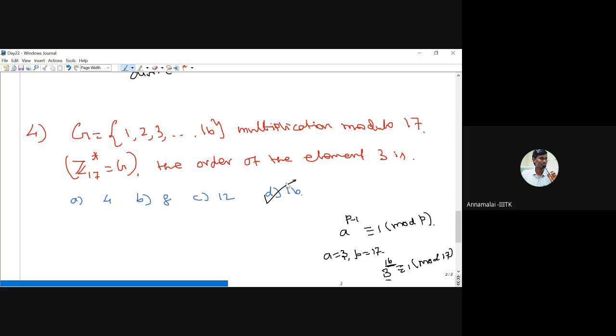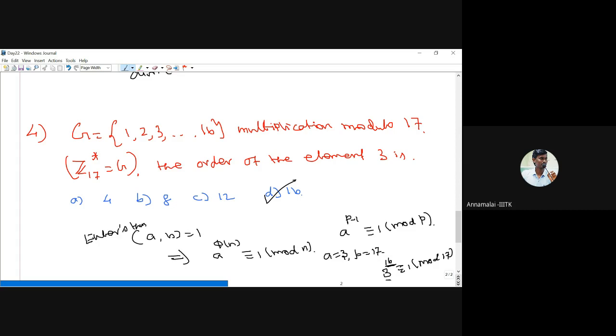So we have to use Fermat's theorem. Fermat's theorem is a particular case of Euler's theorem, which is for the general case. What does Euler's theorem say? Suppose the GCD of a comma n equals 1, this implies that a power phi of n, the Euler phi function, is congruent to 1 modulo n.